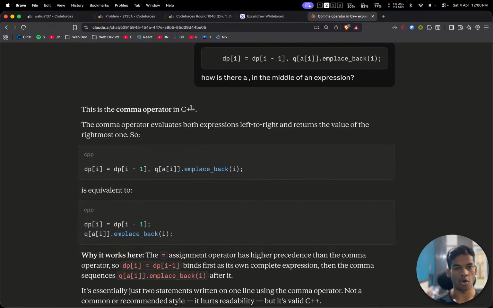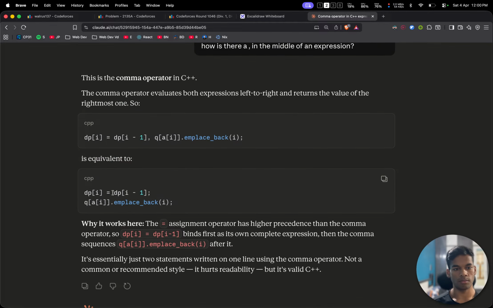Cool. Comma operator. That is an operator. The comma operator evaluates both expressions left to right and returns the value of the rightmost. This is equivalent to dpi getting the value of this thing.